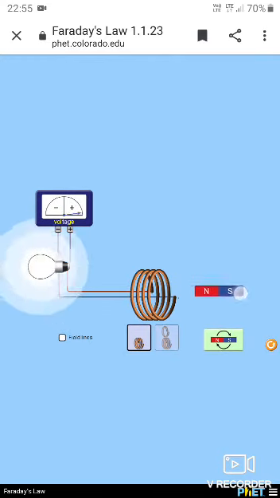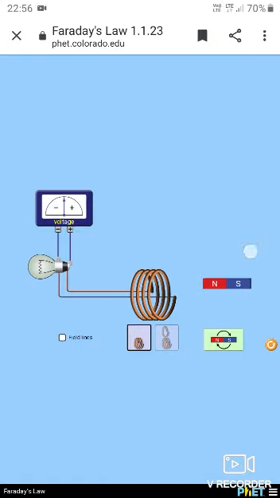Yes, the deflection was towards the left. Now the same magnet I am bringing out of the coil, then the deflection is towards the right. Once again it is towards the right. Now you have understood why the induced current is there in the circuit. It is only because of the movement of the magnet.